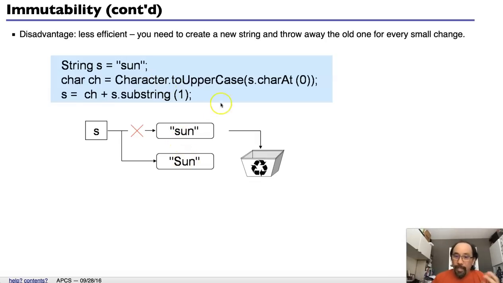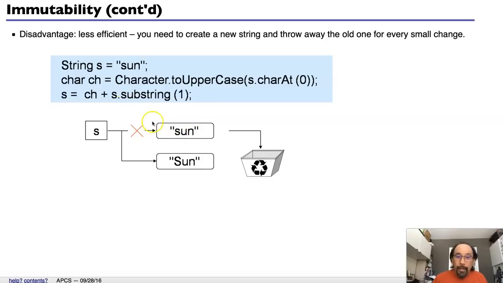It finds the character at position 0, turns it into uppercase, and then concatenates that with the U and the N. So I can create another string, but I cannot change that original object itself.